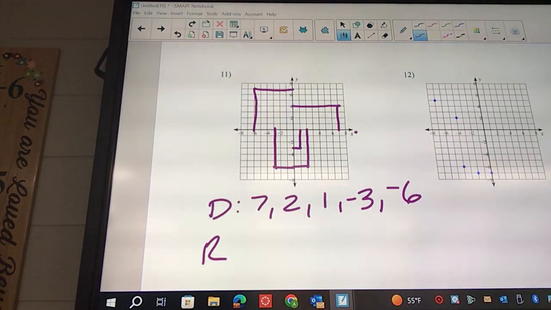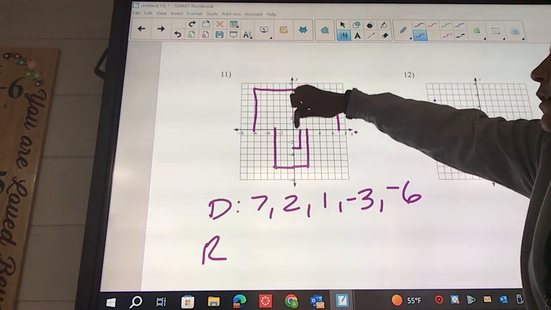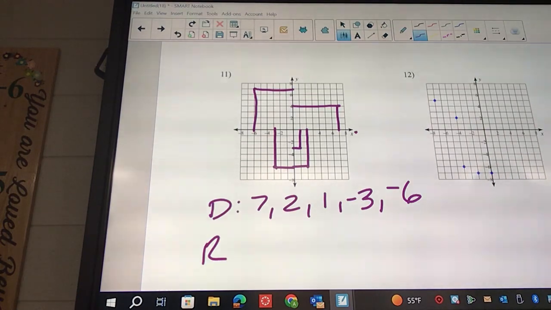Okay, what about the Y's? Here's my Y line, so we're going to see where it's touching purple everywhere. Where's the range? 7 is one of them.